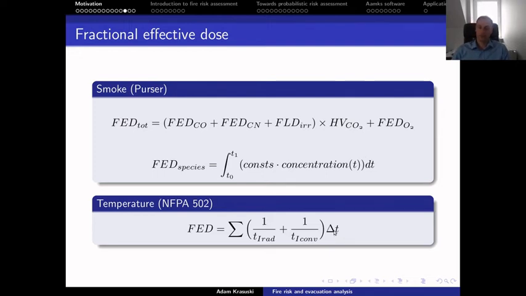So it looks like the joint fire and evacuation modeling, which also takes into account the smoke-aware evacuation and the effect of the smoke in the fire environment on the human body, when it's calculated relating to the fractional effective dose, is the state of the art of engineering analysis related to the evaluation of safety.